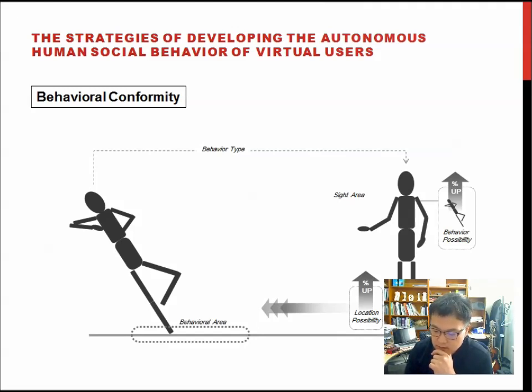When another agent's behavior comes into the agent's field of view, the possibility of similar behavior increases and is likely to develop into behavioral conformity. That's our strategy.